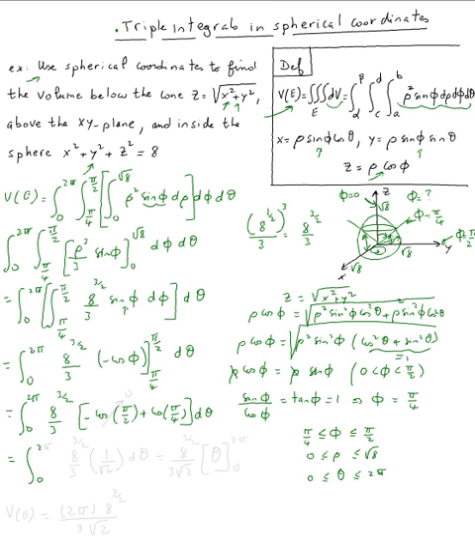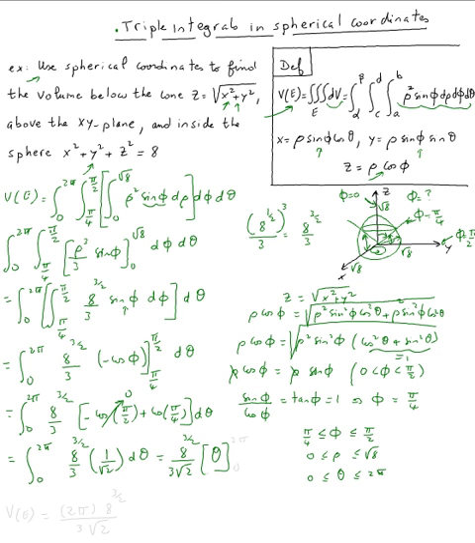This is going to be equal to, cosine of pi over 2 is 0, cosine of pi over 4 is 1 over square root of 2, d theta. The integral of d theta is theta, so 8 to the 3 over 2 over 3 square root of 2.